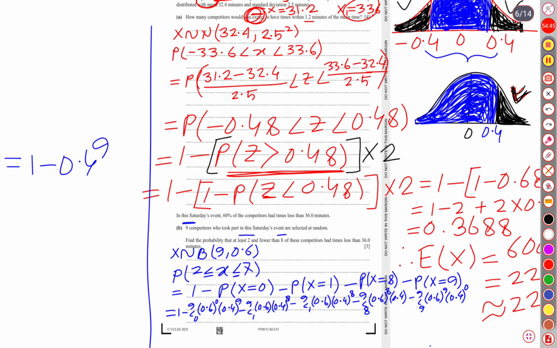And then it is minus 9 choose 1, which means actually 9.